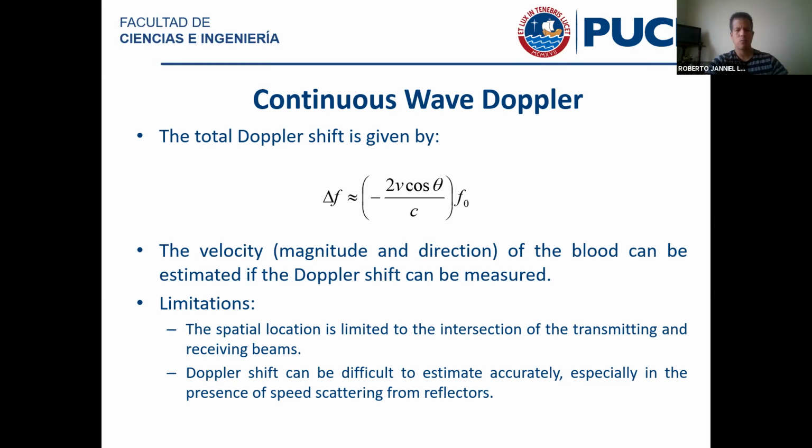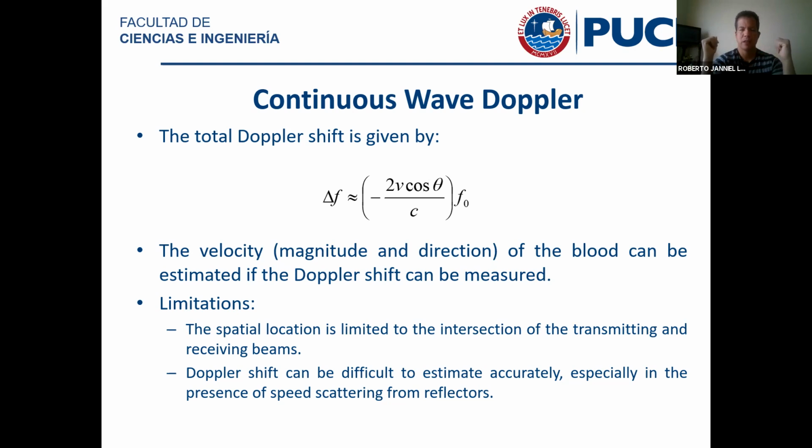So the last time we were talking about continuous wave Doppler, we came to this defining equation, right, that tells us the amount of Doppler shift that we have when the ultrasound is interacting with a vessel where the blood is flowing at a speed of v, right? And we said that there were a couple of limitations that we were going to talk about today.